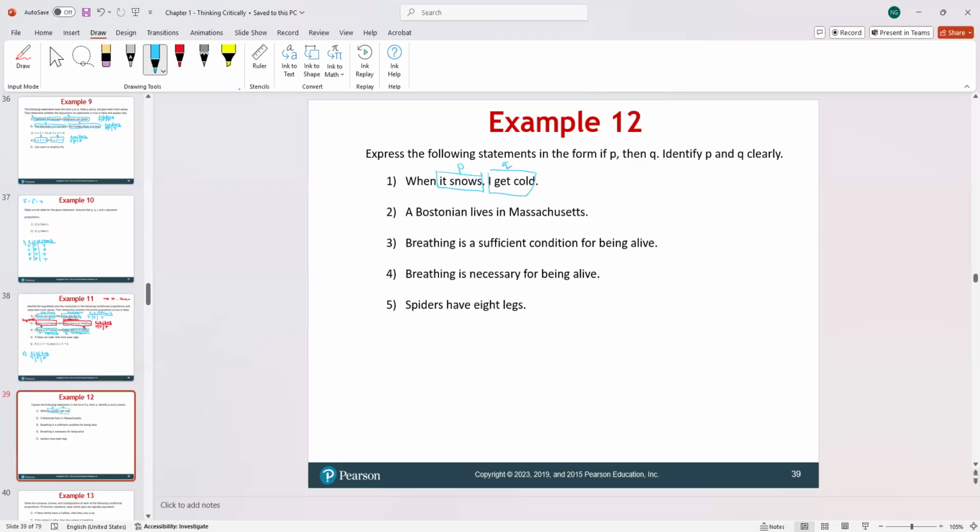So the conditional proposition, how will you write it? If it snows, then I get cold.